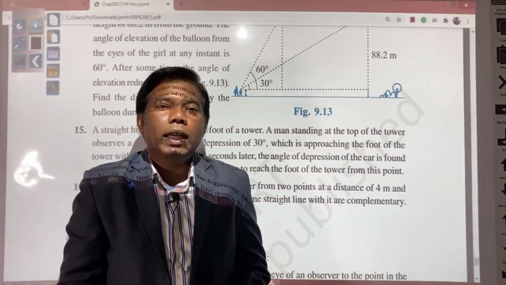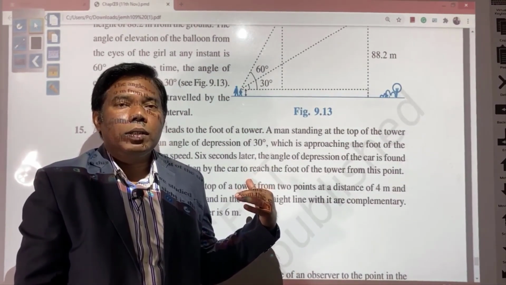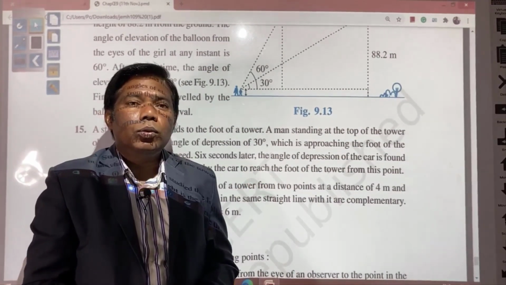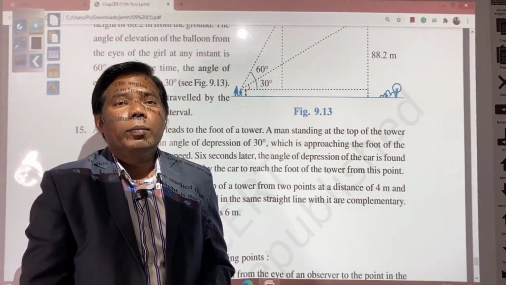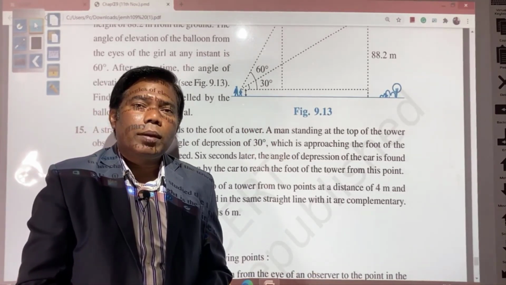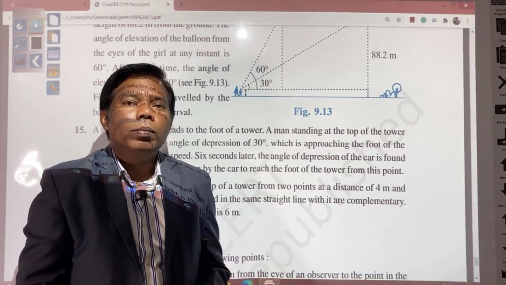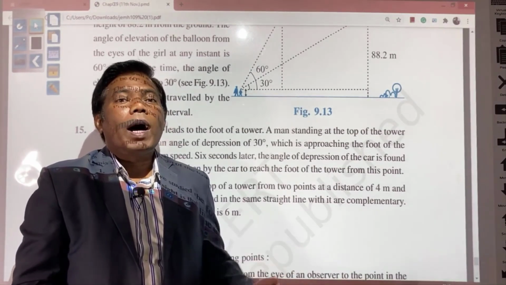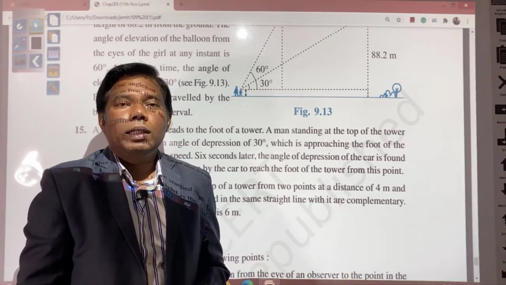I don't think any further discussion is required regarding height and distance of trigonometry. What you need to do is practice, and practice again and again. From this exercise each and every question has been solved. Go through it properly, learn properly, and solve by yourself. From R.S. Agrawal many questions have been given in examples as well as in the exercise.